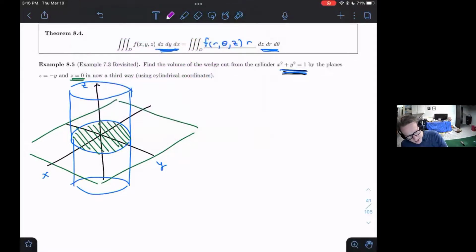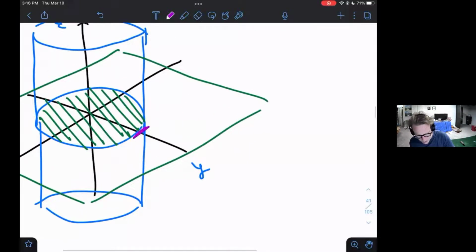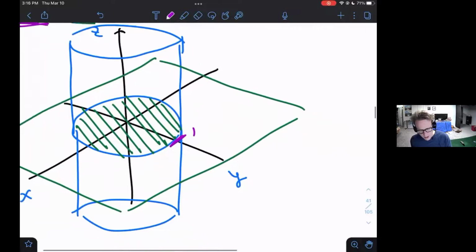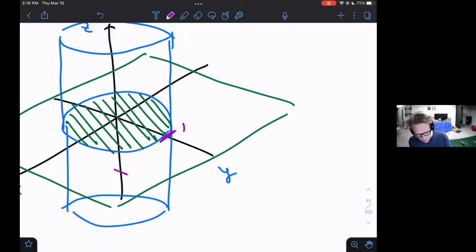And then finally, z equals negative y. You can think about this as a straight line with a slope of negative 1 in the y direction. If I was to go over, for instance, 1 in the y direction, so this is a y value of 1, according to this plane, z equals negative y, the z value would be down by 1.